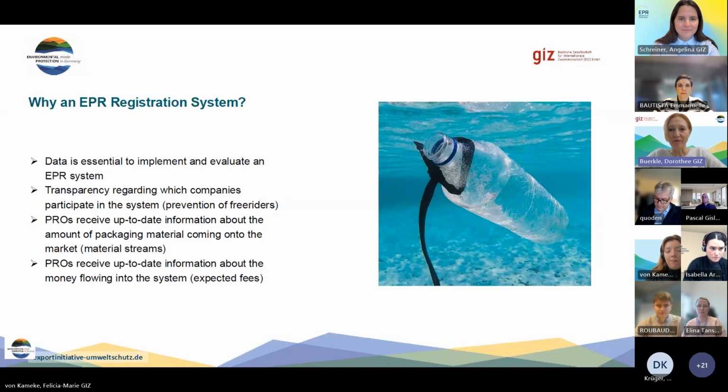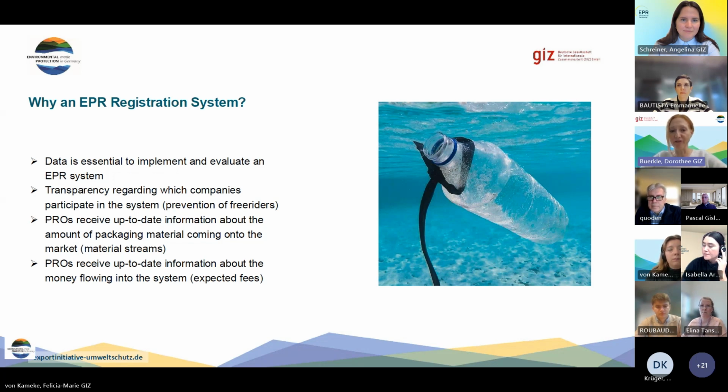So if you are a PRO or you intend to become one, there's the question, why an EPR registration system? It's because data is essential. It helps you to implement and also evaluate your EPR system. It helps you to be transparent regarding which companies participate in the system.